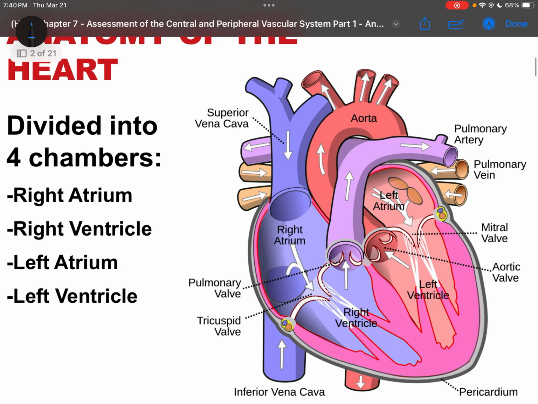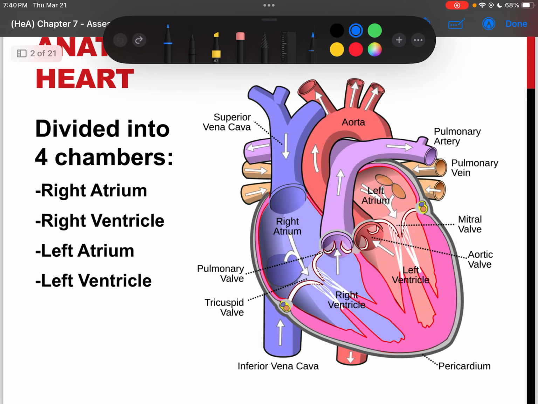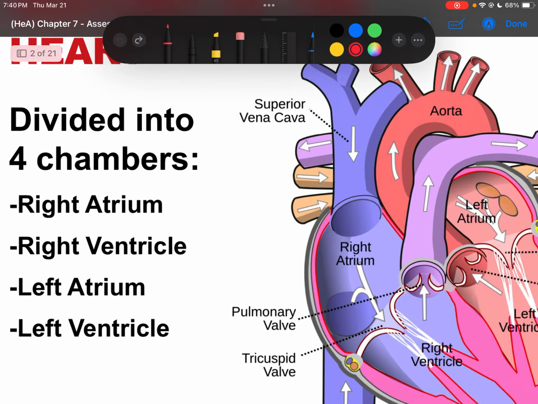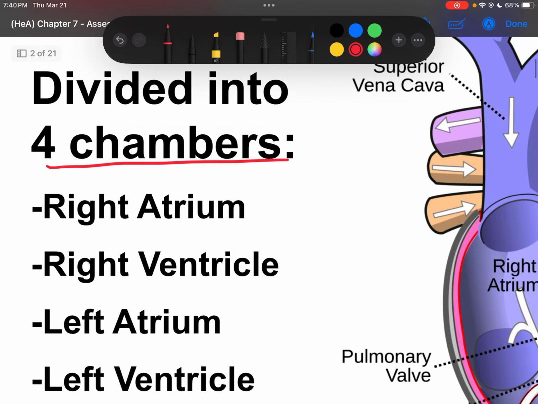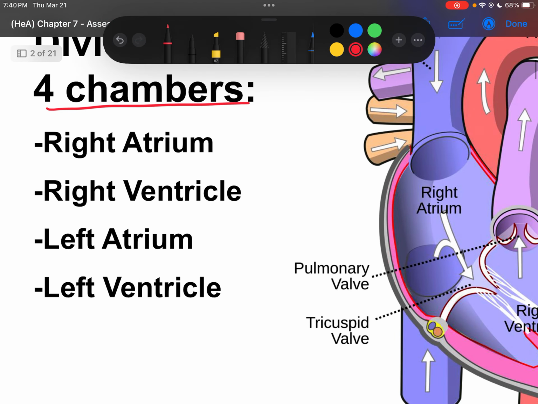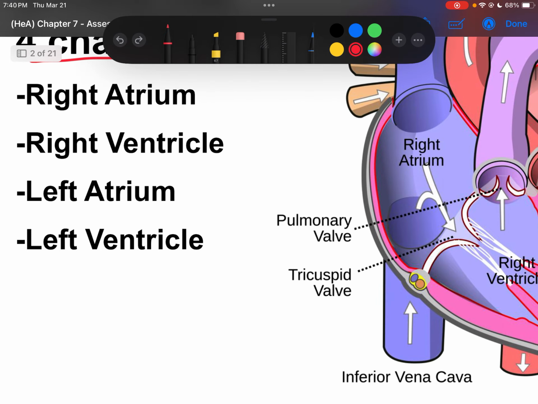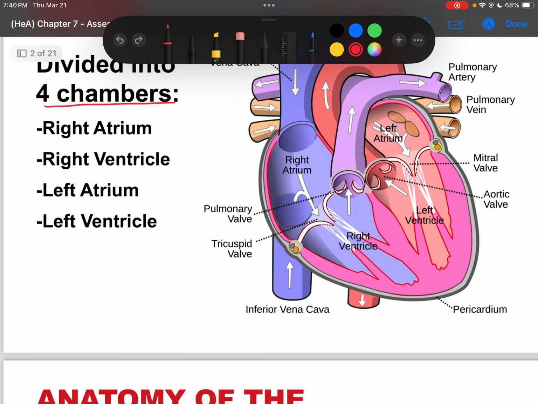Now, the anatomy of the heart. If you remember from your anatomy and physiology class, our heart is divided into four chambers: the right atrium, right ventricle, left atrium, and left ventricle.